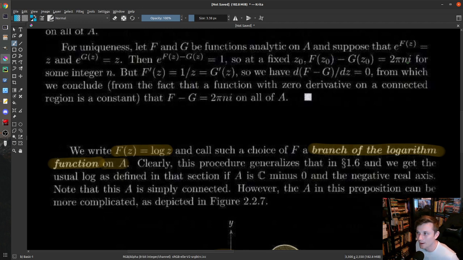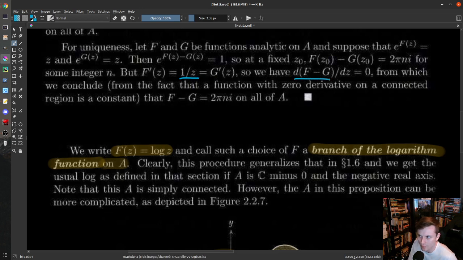Just like if you have sine of x equals sine of y, then x equals y plus 2 pi n for some n, because it's periodic. But all we have to do now is derive both of them, and you get the same thing.